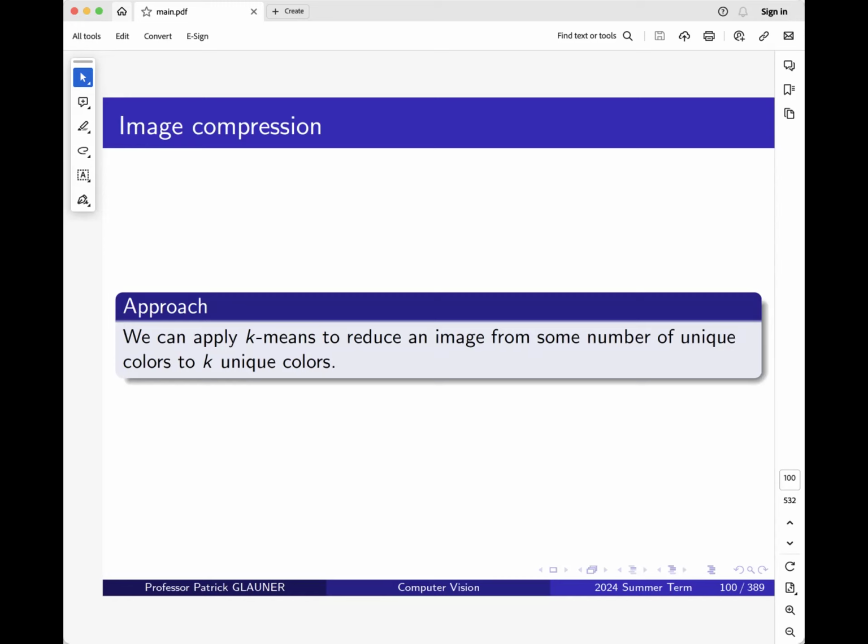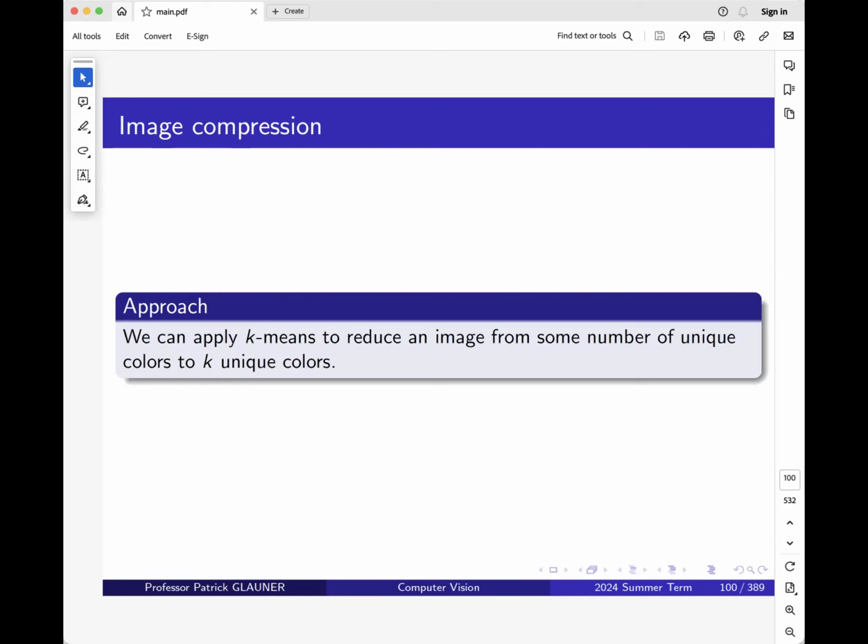It could be just a byte per color channel. So we would have 3 bytes per pixel. And then we maybe have 10,000 unique colors in our image, but maybe we can just make the image look nice in, say, 100 unique colors.